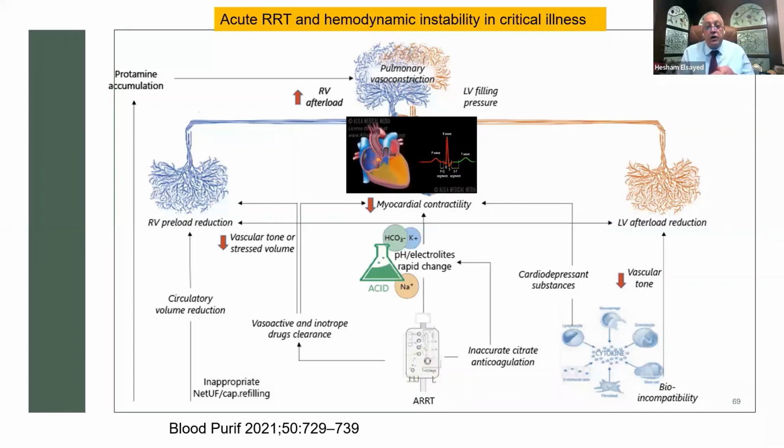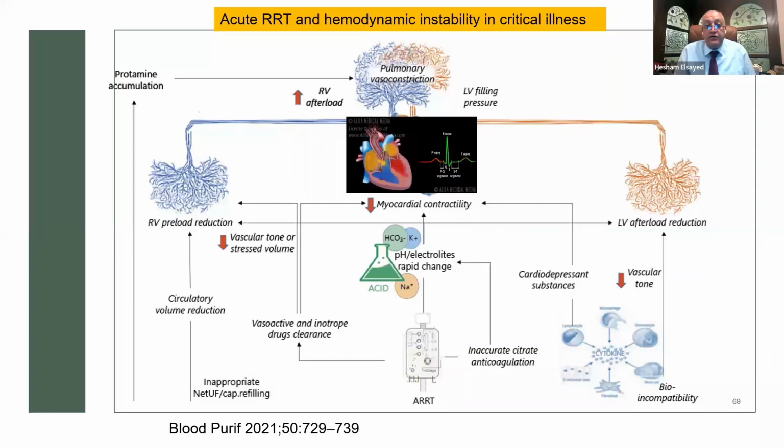So to support understanding the mechanism and pathophysiology, and to deal with critically ill patients in the ICU with acute kidney injury needing renal replacement therapy, we have to determine the right ventricular pressure, left ventricular pressure, and myocardial contractility, looking for cardiodepressant substances released from the patient or from the ICU treatment, and the vascular tone. If you are using CRRT, take care of hypothermia, considering volume reduction. Understand that commonly in the ICU central venous pressure is used.